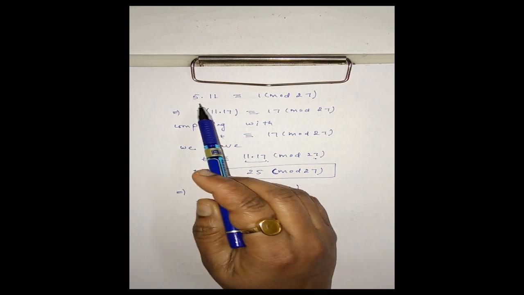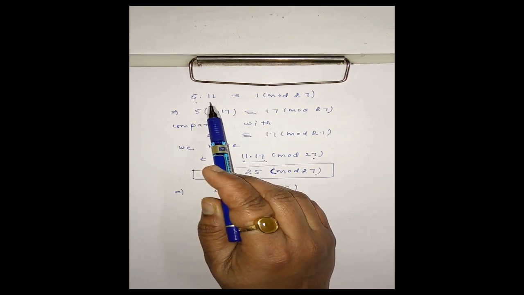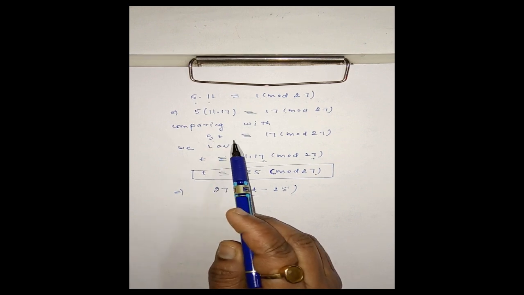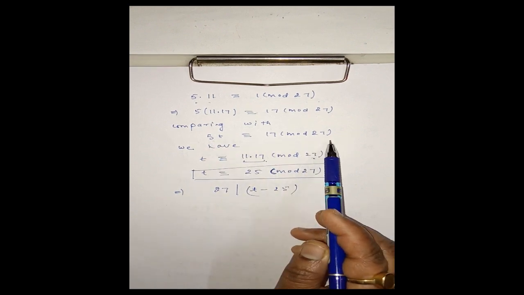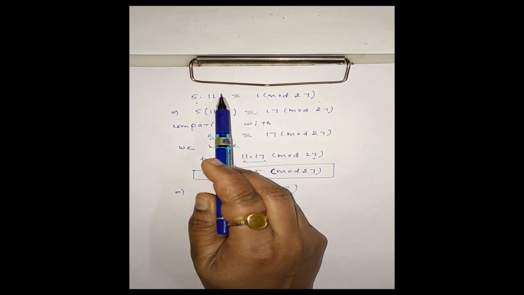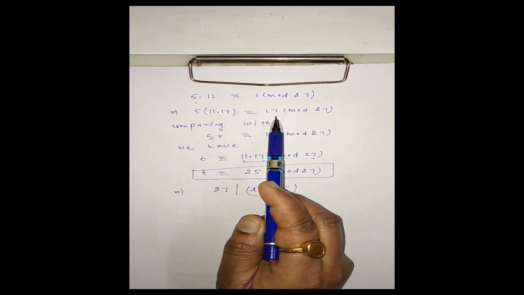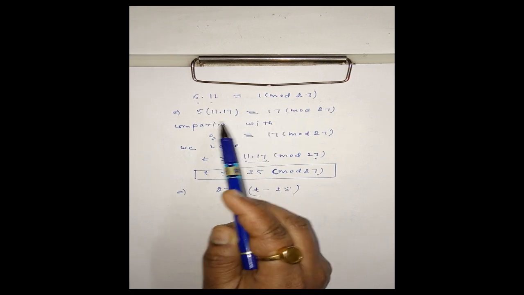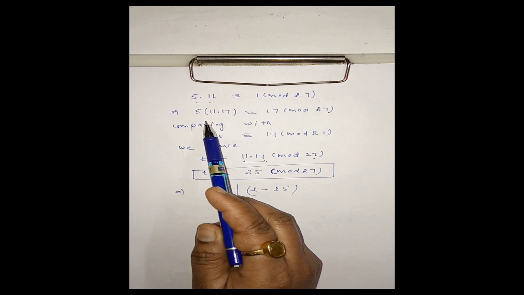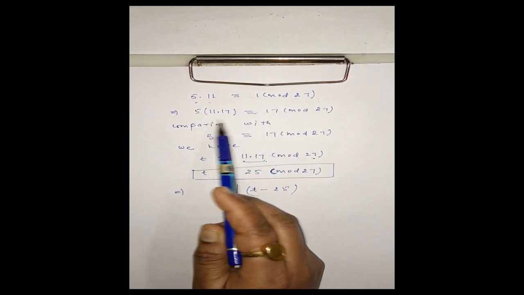Means here, again if we see that 5 into 11 is congruent to 1 modulo 27, and we want to solve the congruence 5t is congruent to 17 modulo 27, so we will multiply by 17 both sides. Therefore from here we can write this using the properties of linear congruences. Clear? Using the properties of congruences, I can multiply by k both sides.